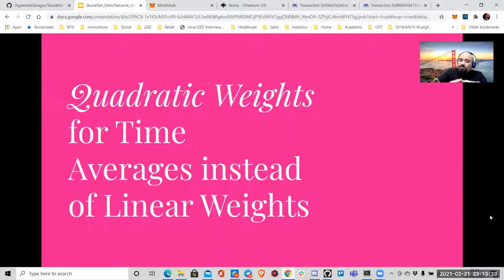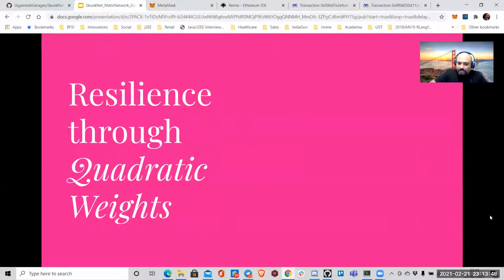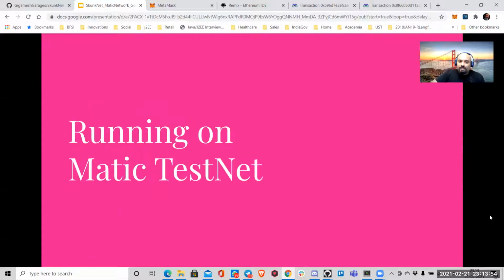Quadratic weights give you more leverage, more flexibility, and more control, or you can flatten the curve a little bit more when you move from a linear weight system to a quadratic weight system for time weighted averages. And hence it's reflexive and resilient. Reflexivity through VDF and resilience through quadratic weights.